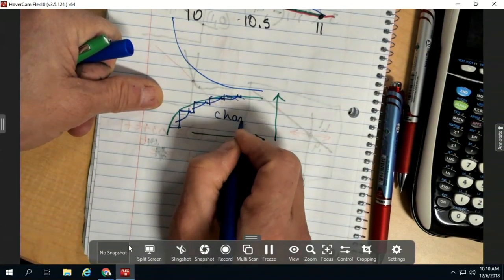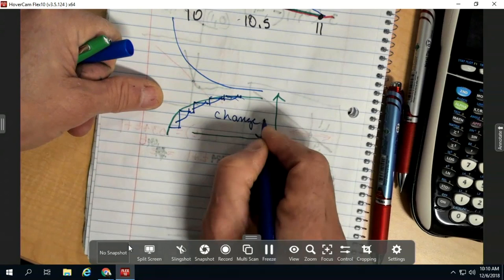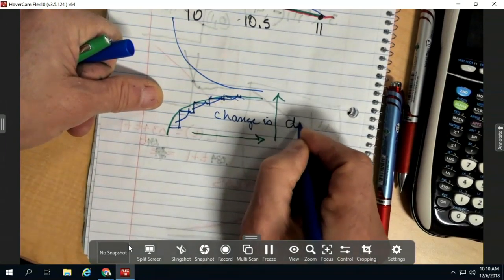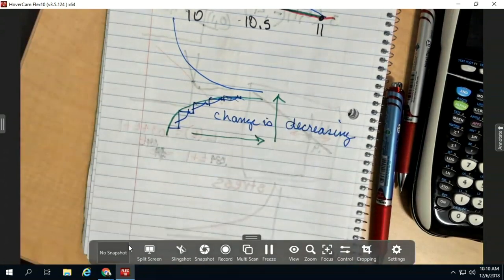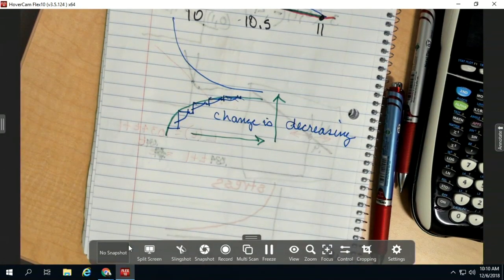It's going up less. Change is decreasing, right? Or as you just said, it's getting less and less. What does it mean to get less and less? It means to decrease. Okay? It's a trick question.